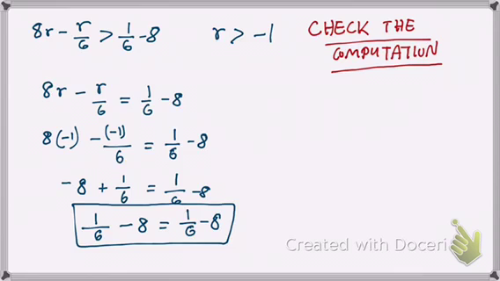In order to check the computation, what we need to do is replace the value of r with -1, and see if this is equal. This way we can check the computation.